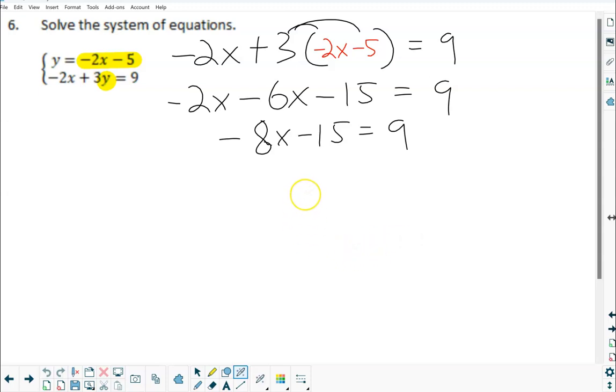Now we're just going to do the opposite, inverse operation, and we want to solve for this x right here. Okay, go ahead and see if you can do the first step to that.